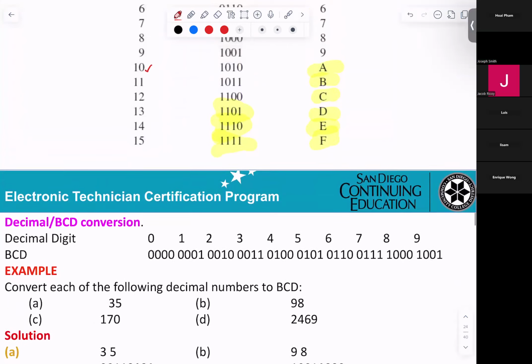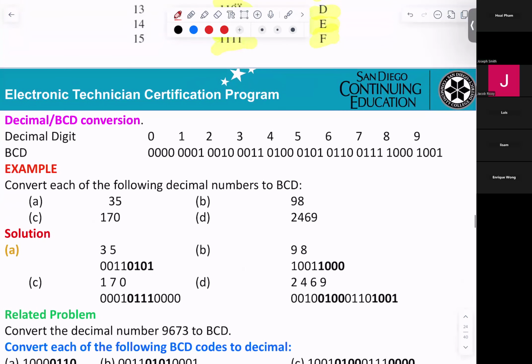Next one. BCD. Binary coded decimal. Number 9, 4 bits. BCD. Each number must be 4 bits. Number 0.